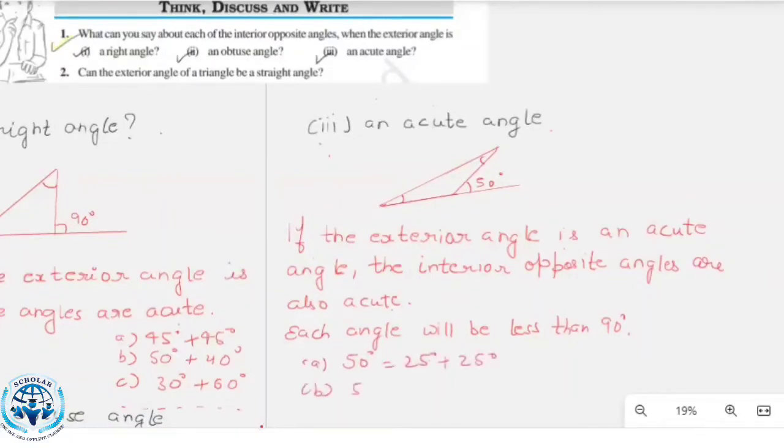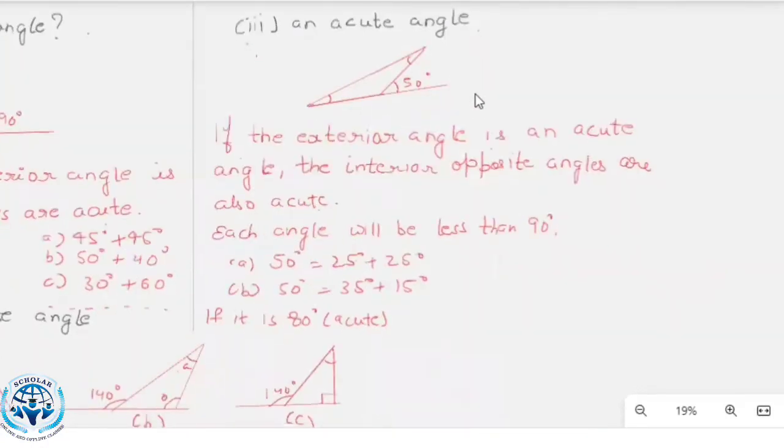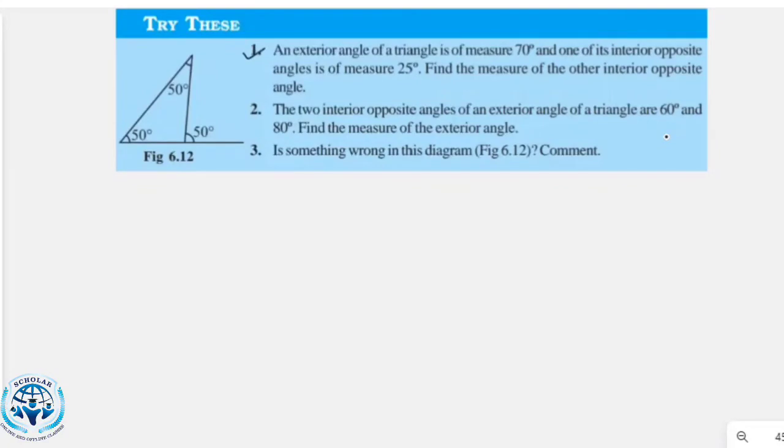So it can be 25 plus 25, then 35 plus 15. If it is 80 degree, that means the exterior angle is 80 degree, then also it is acute. Then the sum can be 40 plus 40, 60 plus 20 and so on. Another question will be solved later. Now we will try these.